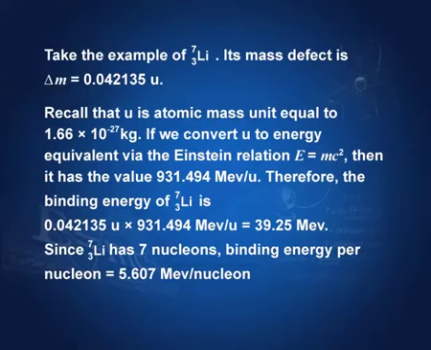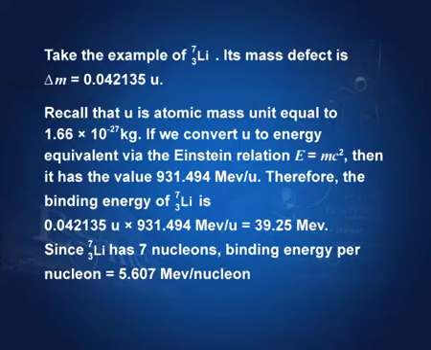Take the example of lithium. Here lithium has 6 nucleons, and the mass defect we found in an earlier table is 0.042135 U, atomic mass unit, that is delta m multiplied by c squared gives us the binding energy. And how do we do that? 1 U, 1 atomic mass unit, in terms of energy is 931.494 MeV.